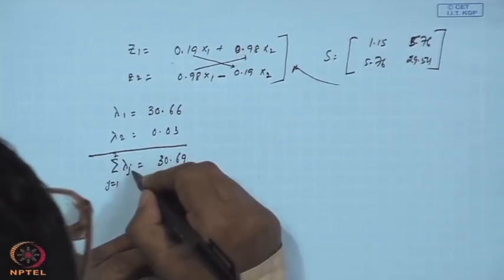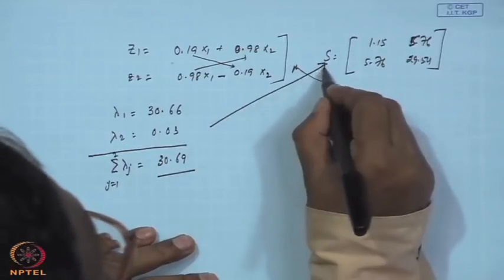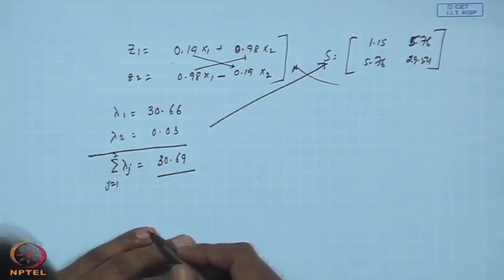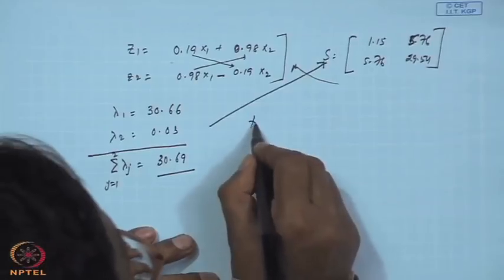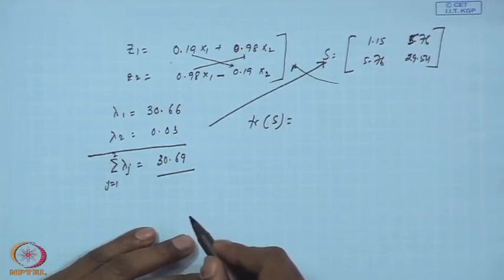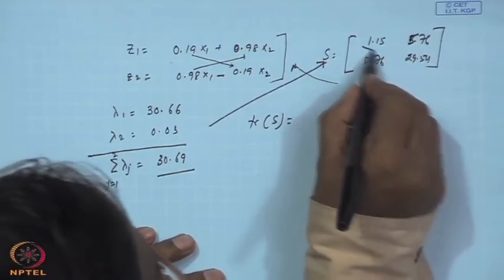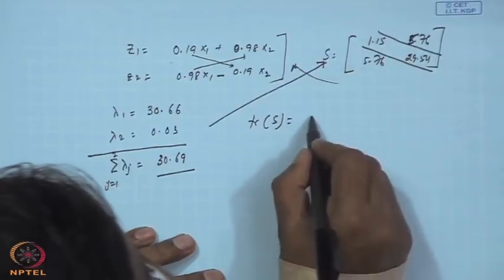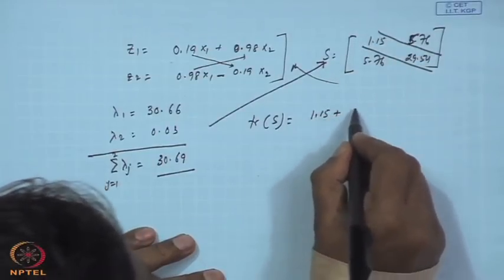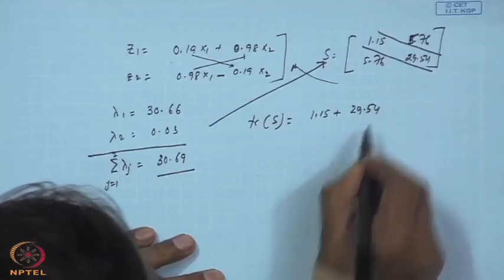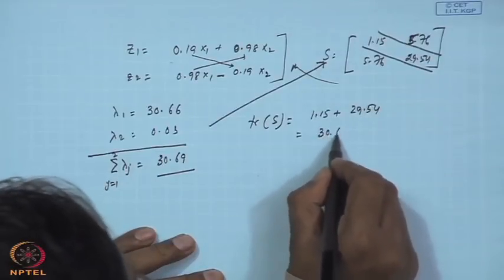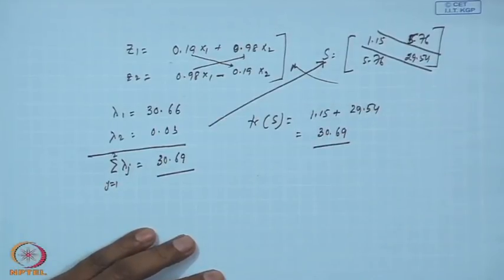Now, we have extracted this from this S matrix. Now, what is the trace of S? Trace of S is the sum total of the diagonal elements. This is 1.15 plus 29.54, this is 30.69.